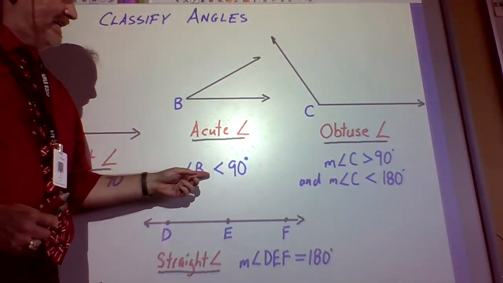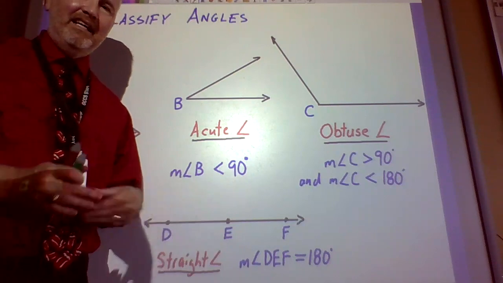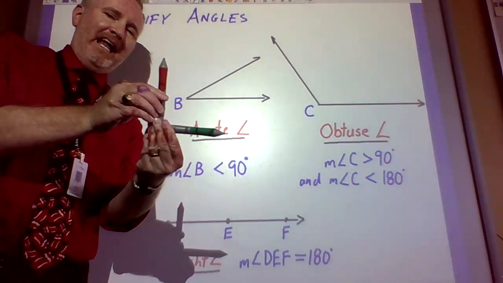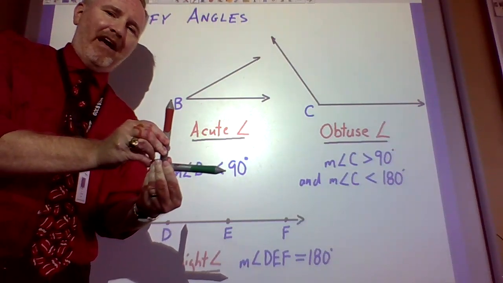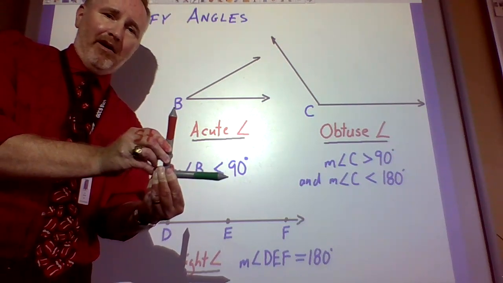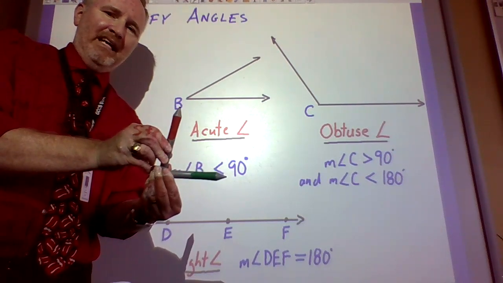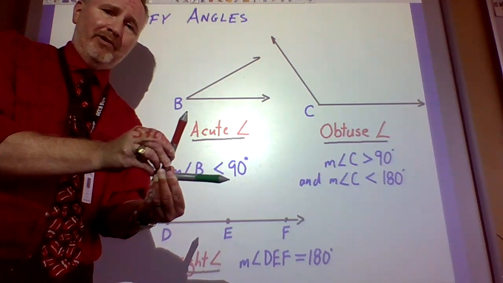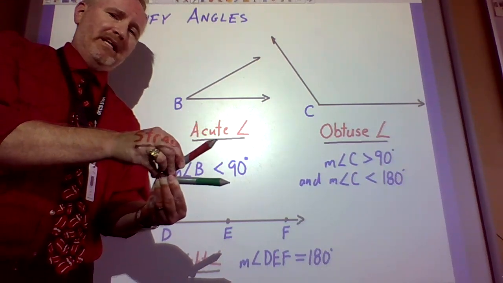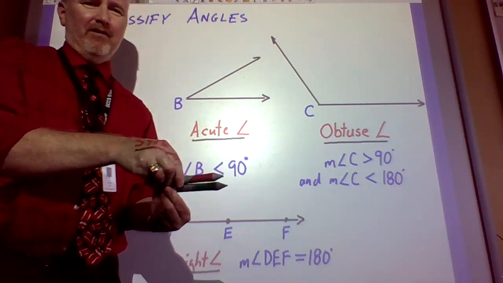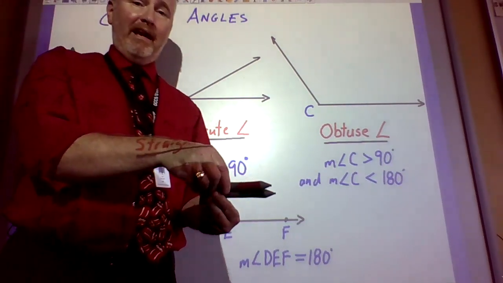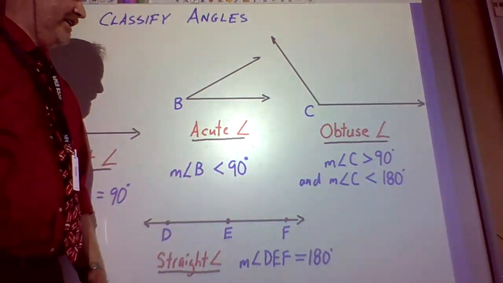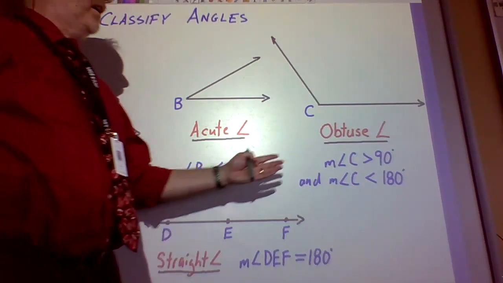So angle B has to be less than 90, or visually it has to be less than the alligator having his mouth open at an L. L is 90, anything less, yeah, even 89.9 degrees, that's acute. All the way down to, and we really don't have anything called a 0 degree angle. That would be a ray, by the way, if a 0 degree angle. And then we have obtuse.